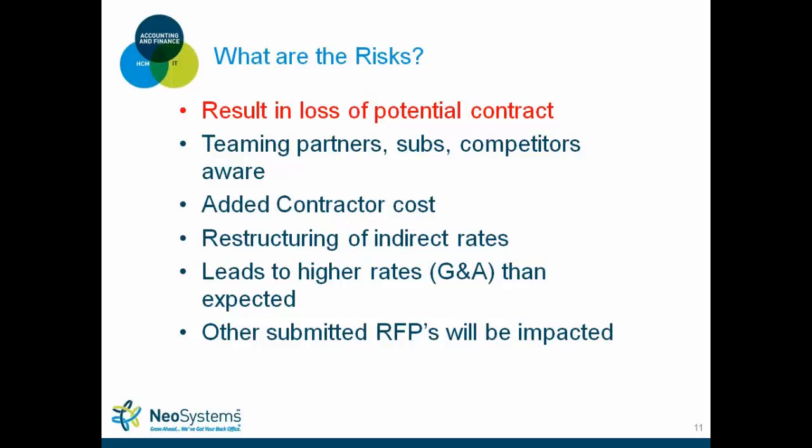Also, it adds contract cost to you as a company because it could possibly force you to restructure your indirect rates from how they currently are. And it typically adds to higher rates, such as G&A, because maybe accounts aren't in the right bucket or you don't have direct costs in a G&A base, for instance.